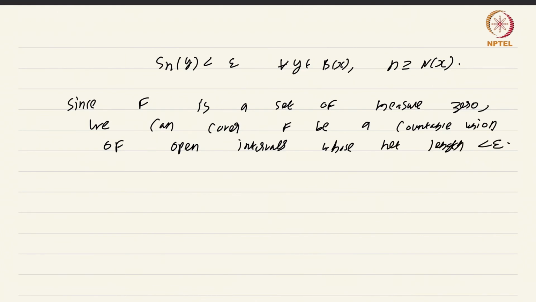The set F is a set of measure 0, therefore we can find countably many open intervals whose union covers F and whose net length is less than epsilon.